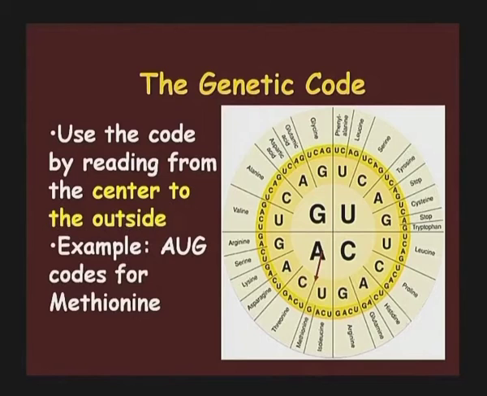In the last lightly colored circle there are names of all the 20 amino acids, and therefore if we read the code from the center to the outside, we will reach the type of amino acid which will be used in protein synthesis. For example, AUG codes for methionine, as we can see in this diagram.